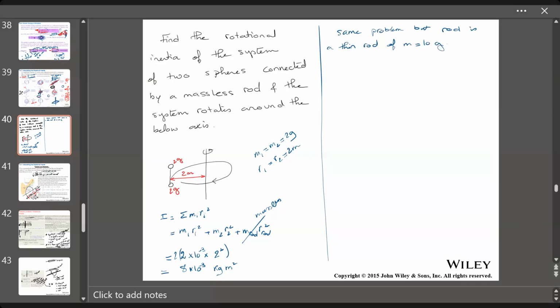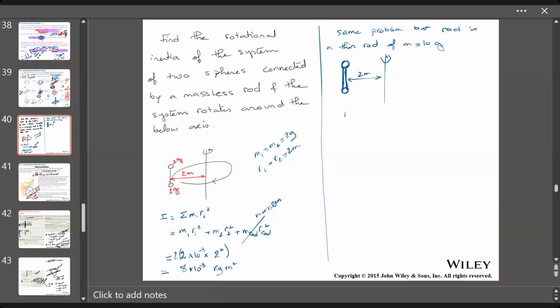What do we do? So now my system looks like this. The rod is now significant. It's not massless. It's a particle by itself. I still have the same axis and the same distance, 2 meters.